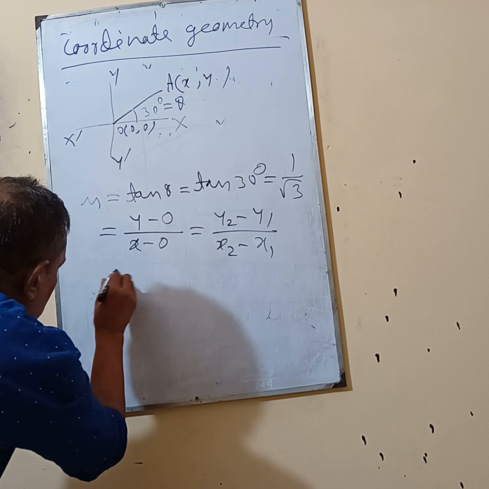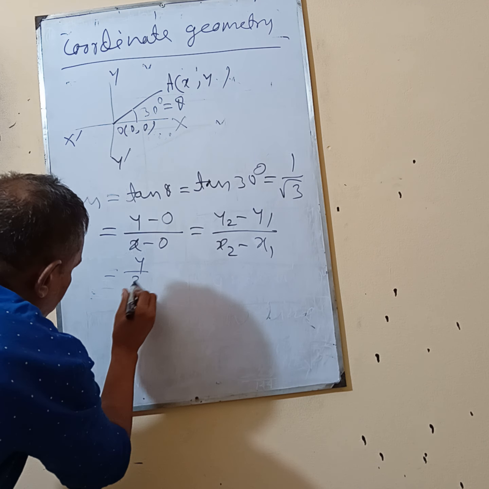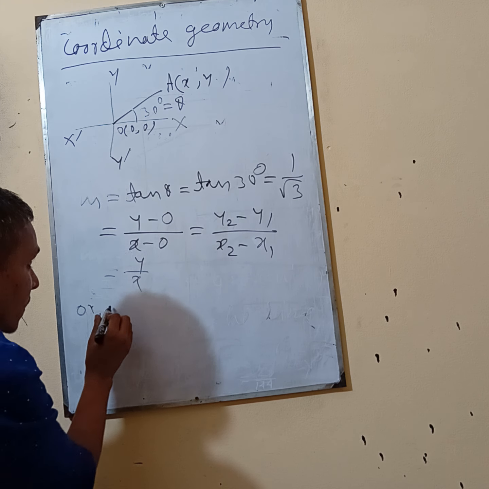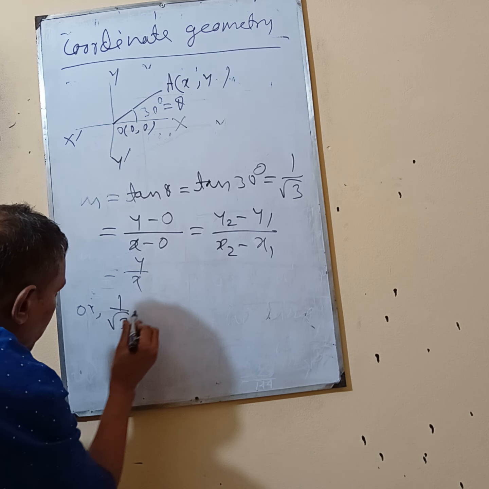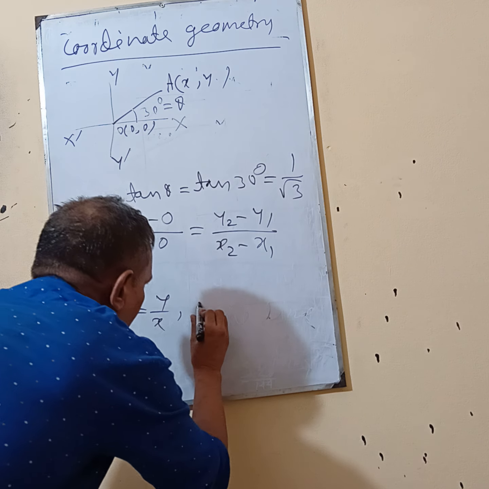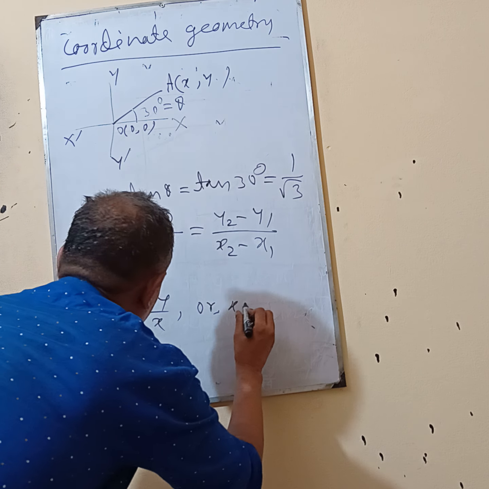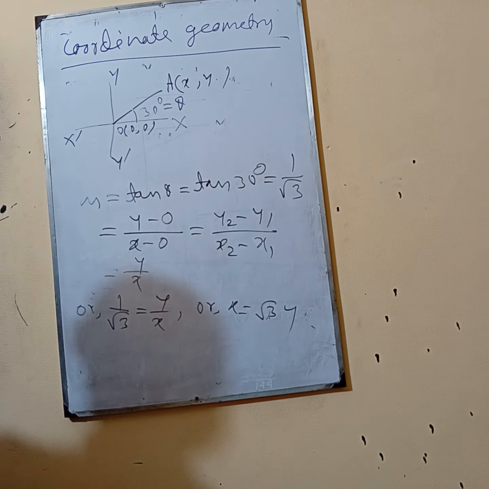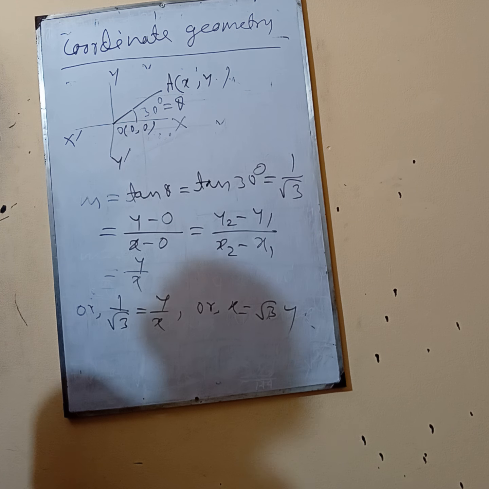So 1 by root 3 is equal to y by x, or x is equal to root 3 y.